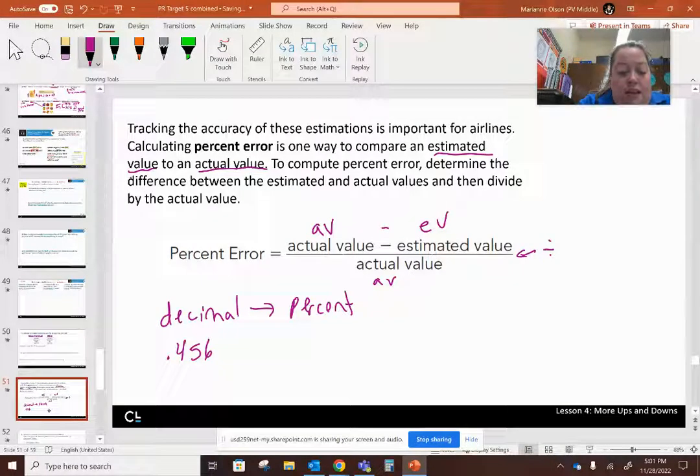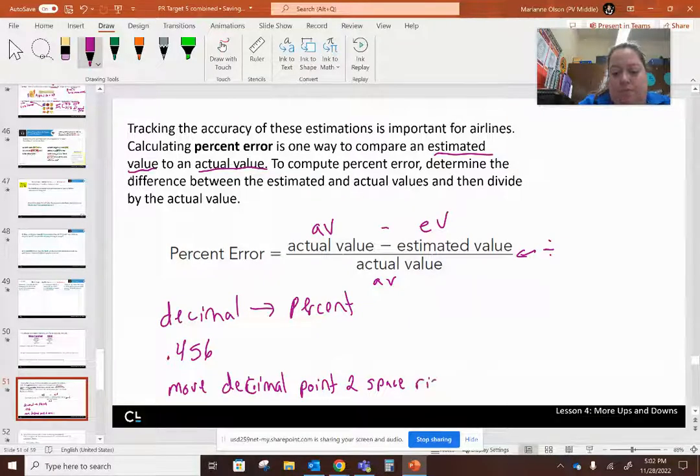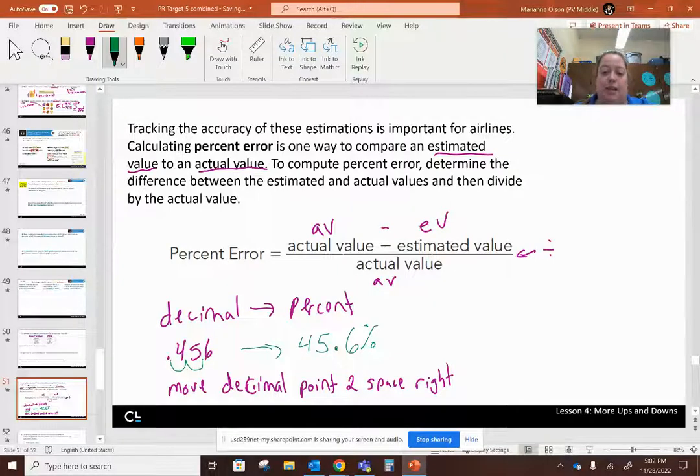Well, I can do real easily, move the decimal point two spaces right. So in other words, move it 2 spaces right, 1, 2. So now my percent is 445.6%, and that's my percentage. That's how I would write that as a percent.